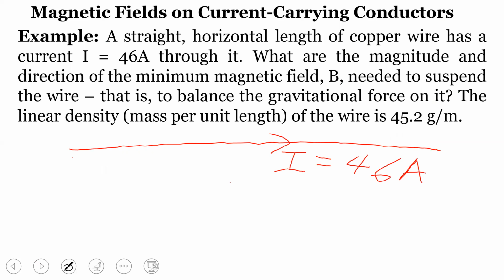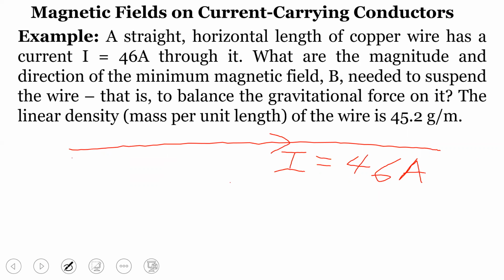What is the magnitude and direction of the minimum magnetic field needed to suspend the wire, that is, to balance the gravitational force on it?